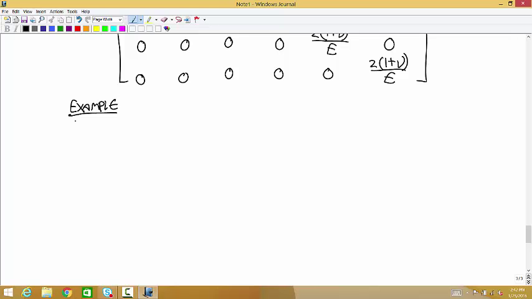All right, so let's say that we have a steel piece of material, or a point in a steel object, and steel has a Young's modulus of 200 times 10 to the 9th pascals and a Poisson's ratio of 0.3.